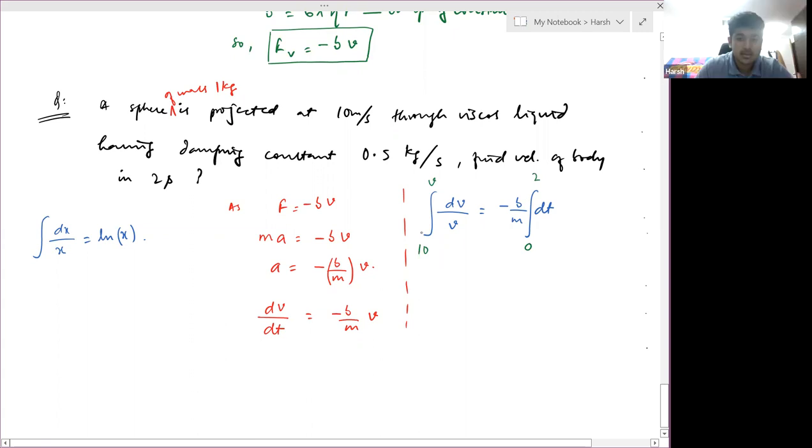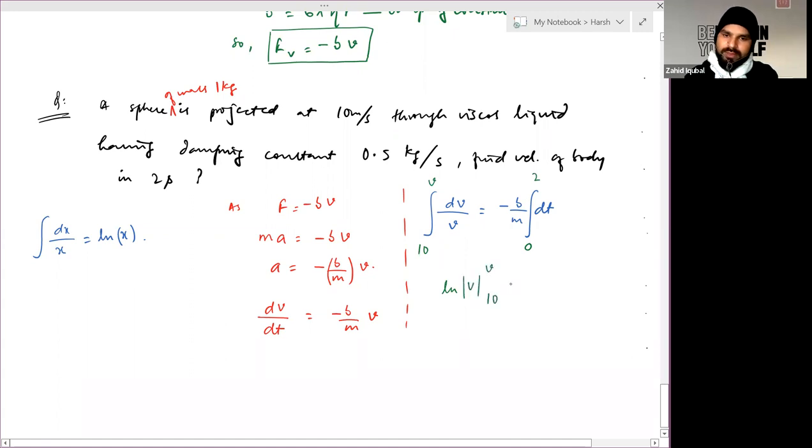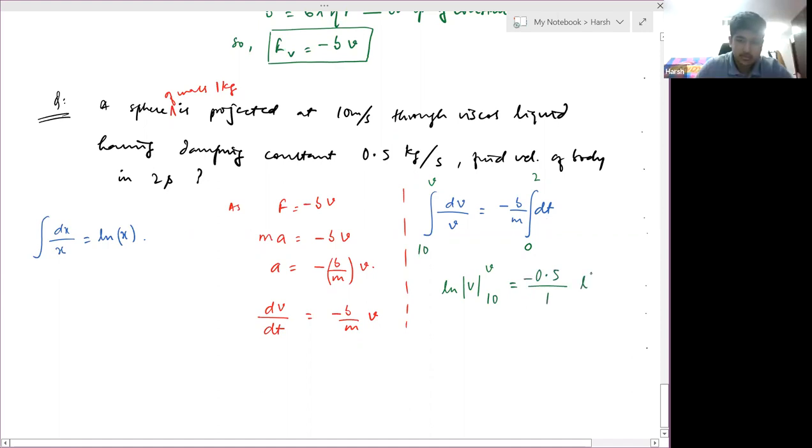So the integration of 1 by v will give ln v, between the upper and lower limit, equals b, which is 0.5 divided by mass 1 kg, times the integration of dt, which is t.